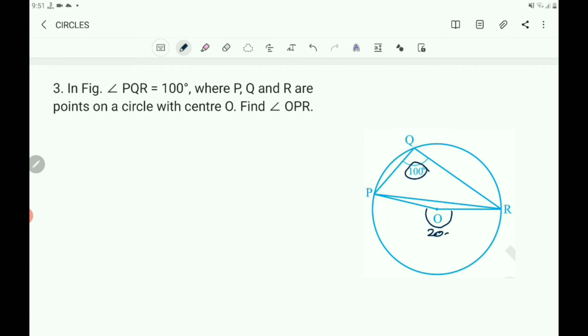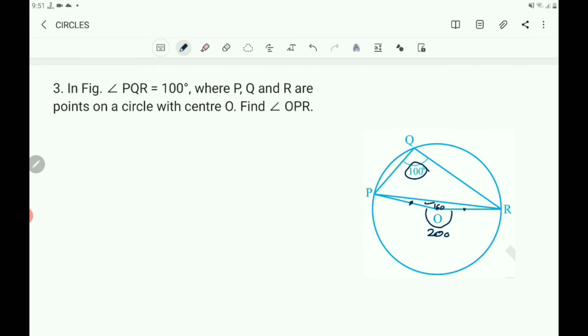It must be 200 degree. It is 200 means this equals 360 minus 200, as it is a reflex angle. This is a reflex angle and the sum of these two angles made at the point O must be equal to 360 degree. So the other angle POR, which is not reflex, must be 160 degree.